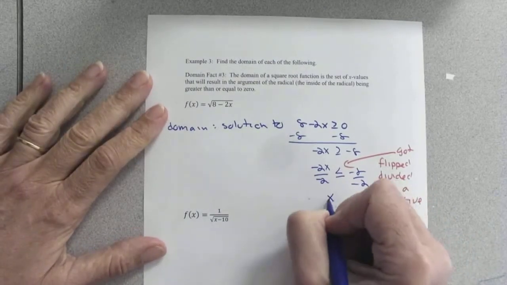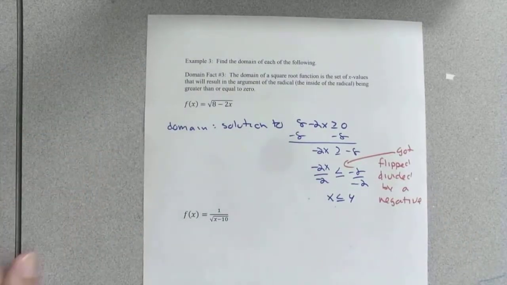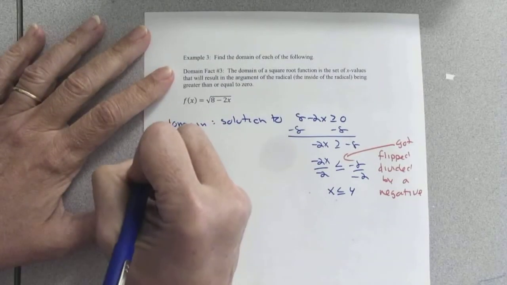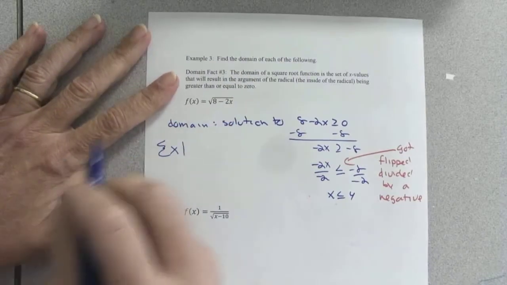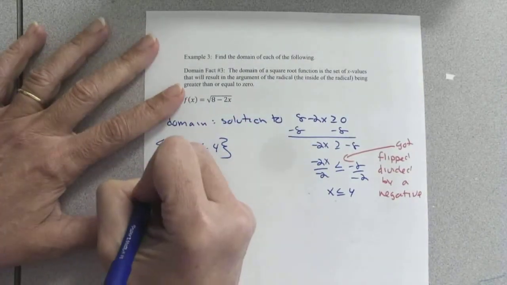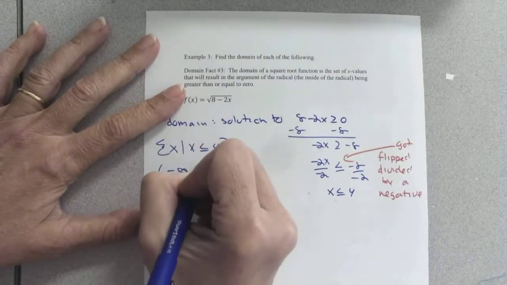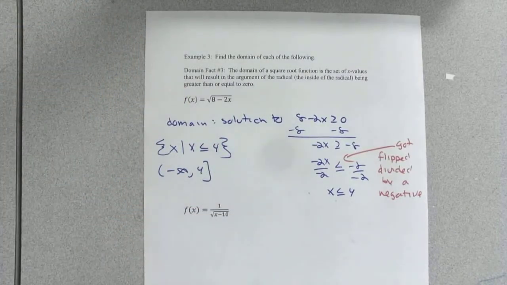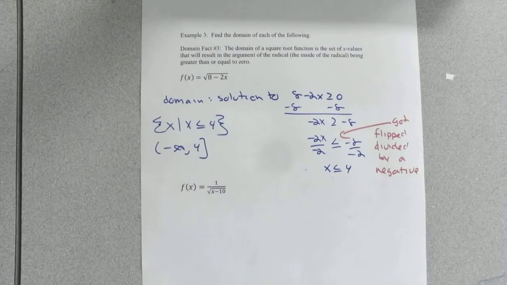And so we get x less than or equal to 4. That's a perfectly good answer for me. You could stop right there. The set builder notation: the set of all x such that x is less than or equal to 4. Interval notation: negative infinity to 4, with a square bracket on the 4. Either one of those will make me happy.